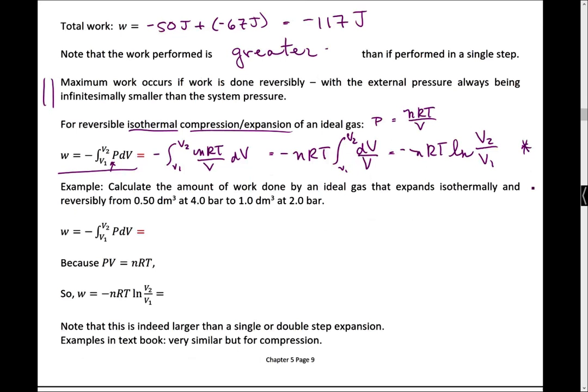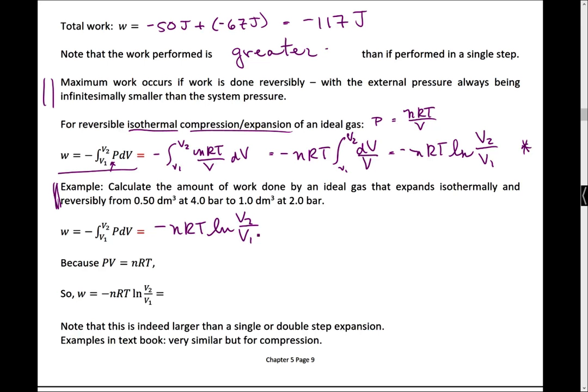All right, let's do a quick example. So we're going to be talking basically about the example that we've used previously, single-step expansion, two-step expansion. Now we're going to say, how about we let it be reversible, right? So in this case, what I know is that work is going to be given by minus nRT ln V2 over V1. And then you step back and you say, okay, I want to calculate it, but boy, I don't have the temperature and I don't have the number of moles. But what do we know that this is the same as?